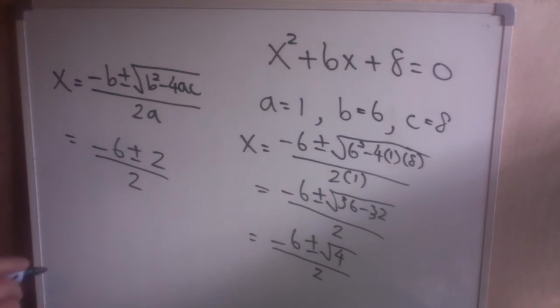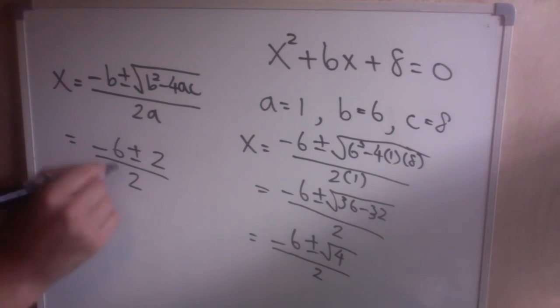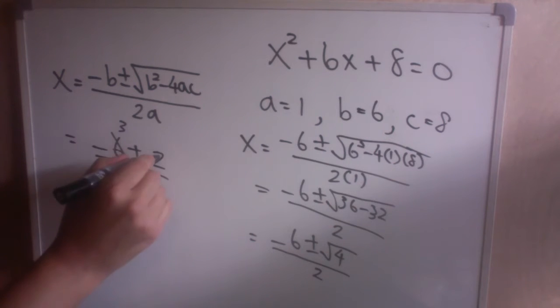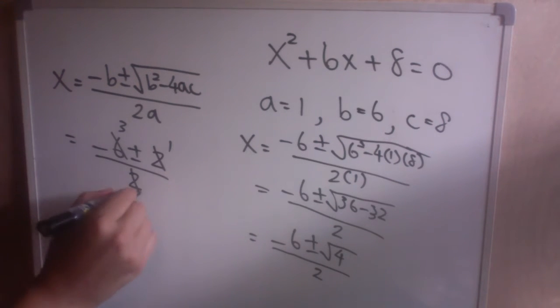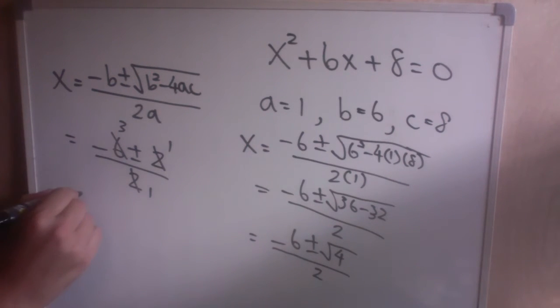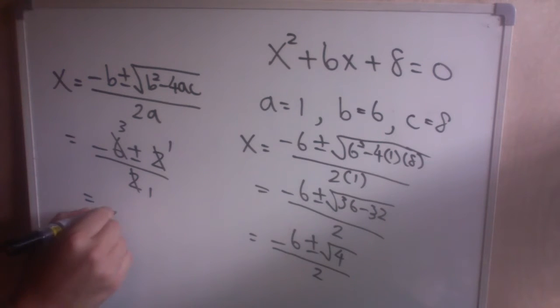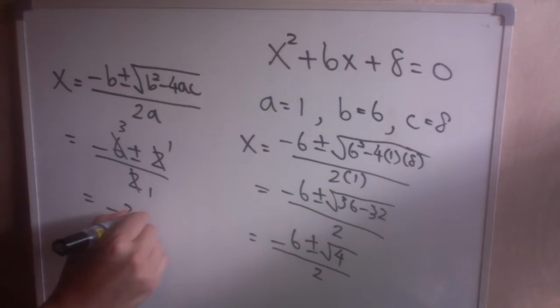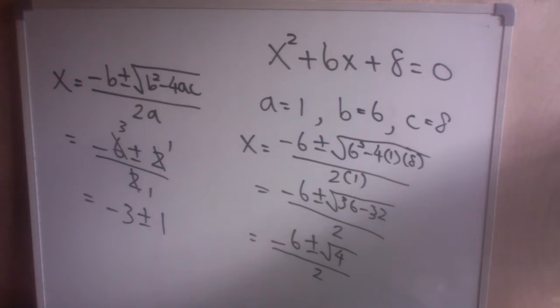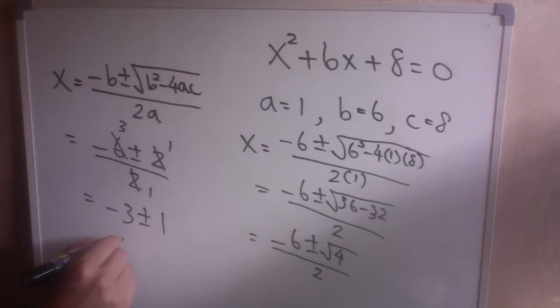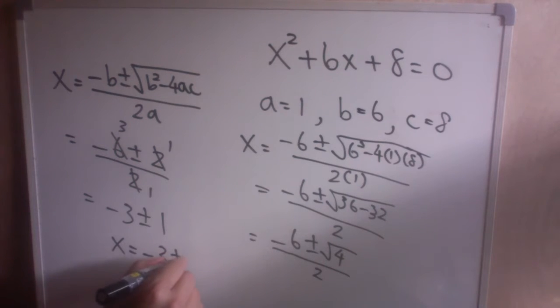Then I can divide everything by 2. So this can become 3, and that's 1, and this is 1. So this is essentially negative 3 plus and minus 1. So x is equal to negative 3 plus and minus 1.